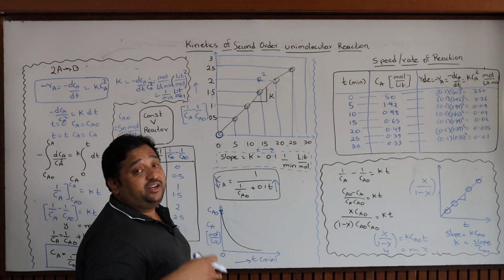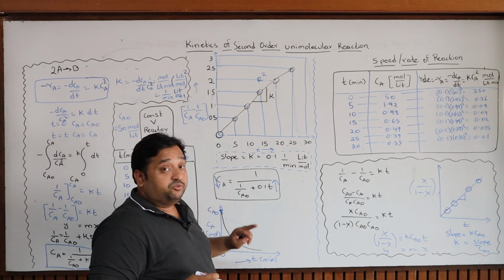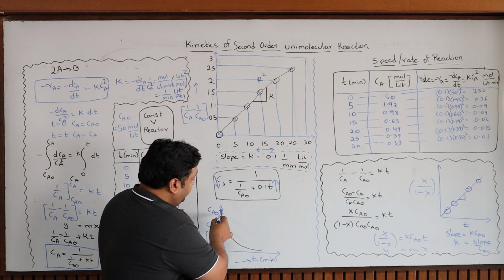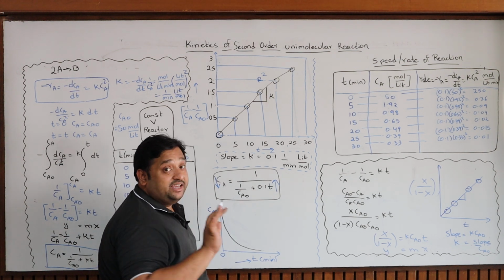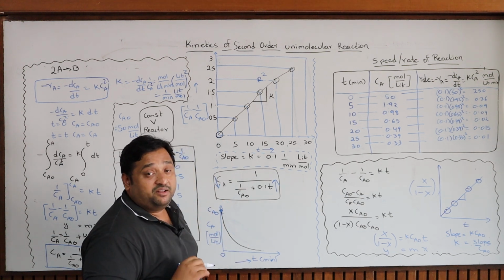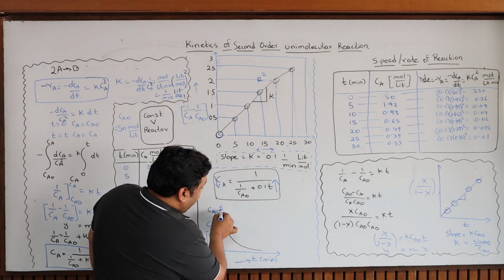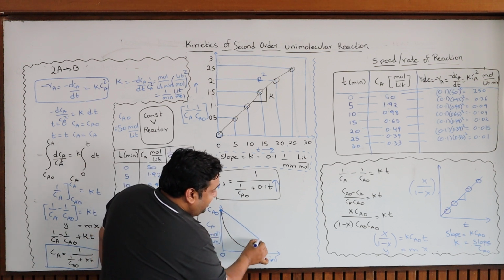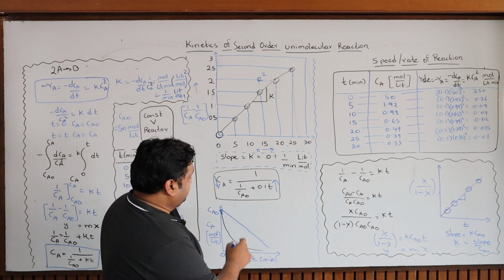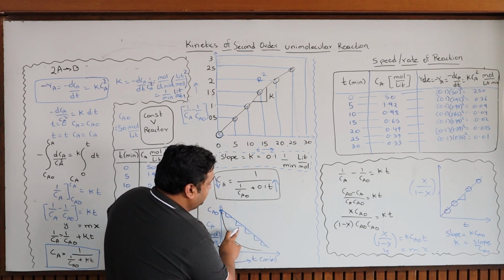As time proceeds, A will get consumed and the concentration of A will reduce. And you can see it is not a linear line, it is a non-linear line. If you remember my lecture on kinetics of zero order reaction, the line is a straight line because the speed of reaction is the same everywhere, because the slope is the same everywhere.